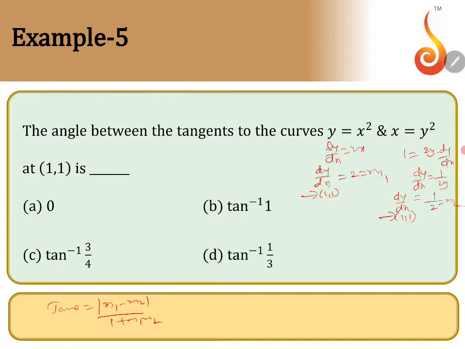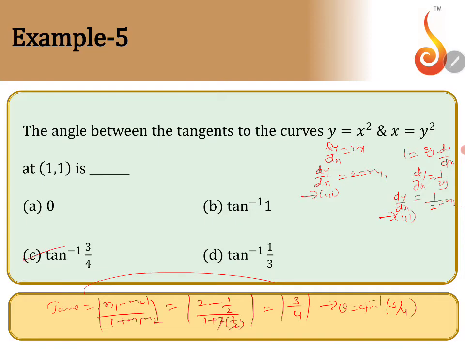So tan theta equals modulus of 2 minus 1 by 2 over 1 plus 2 into 1 by 2. The 2s get cancelled, so this is 4 minus 1, 3, by total 4. So tan theta is equal to 3 by 4. Hence theta is tan inverse of 3 by 4. So the answer will be option C.